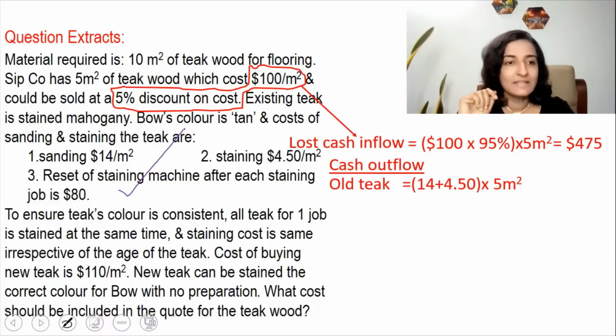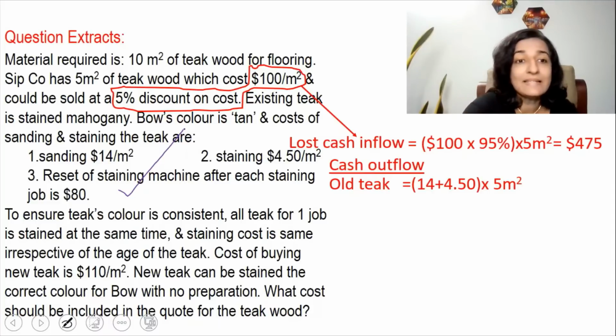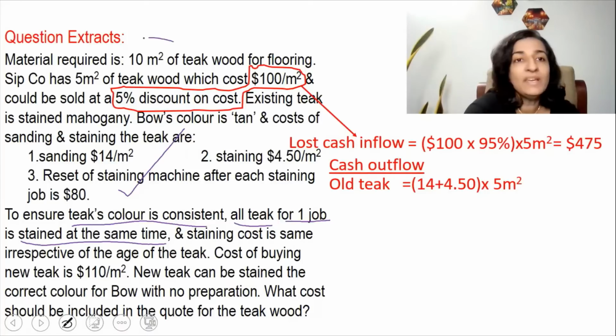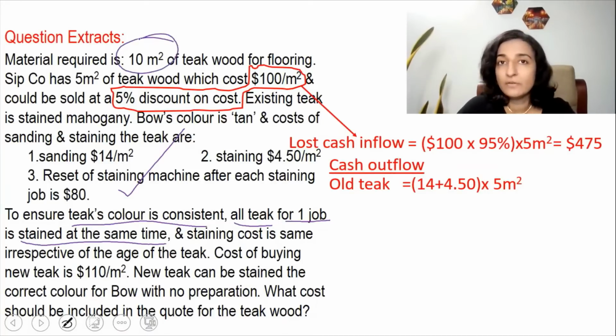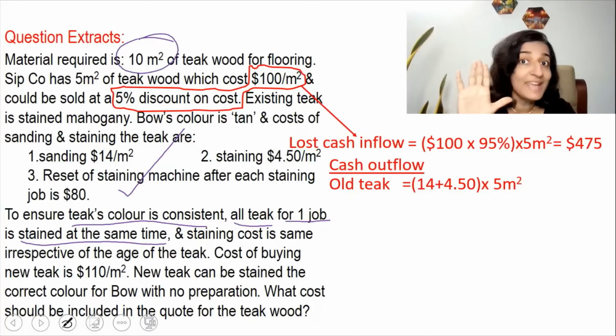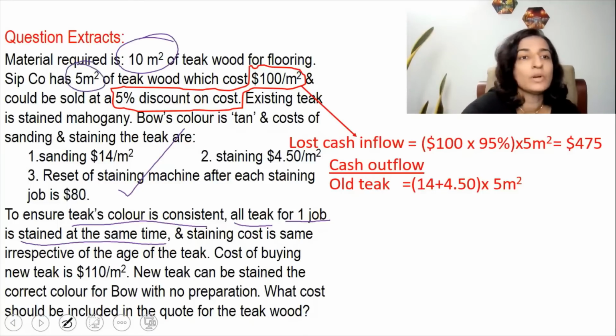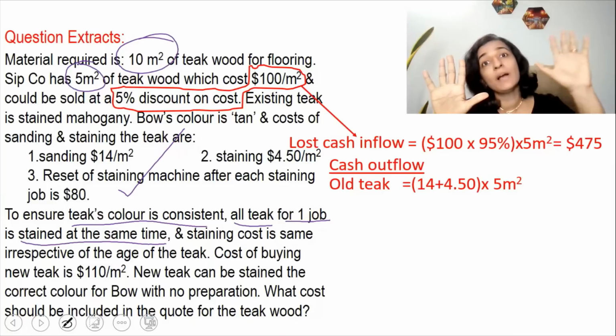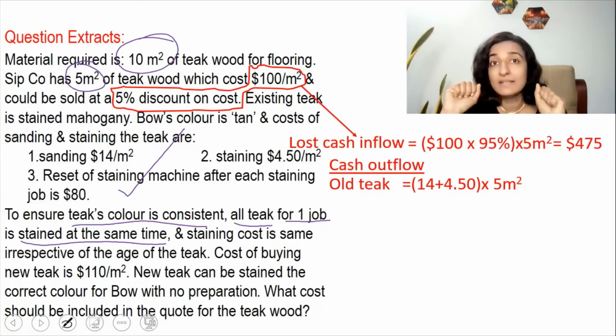But listen to the next sentence. To ensure teak's color is consistent, all teak for one job is stained at the same time. What does it mean? We need a total of 10 square meters of teak wood, out of which we already have 5 square meters, which means that old teak is 5 square meters and we have to buy new teak from the market. That is again 5.